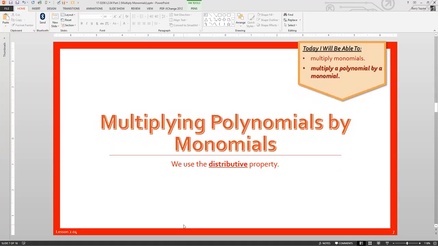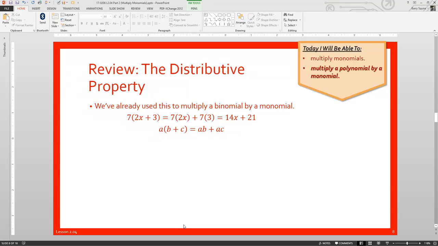So now we're going to look at polynomials times monomials, or monomials times polynomials. This is pretty straightforward with using the distributive property. We've used it before, and just as a review of the distributive property, we've used it before, like I said, to multiply something like 7 times 2x plus 3.